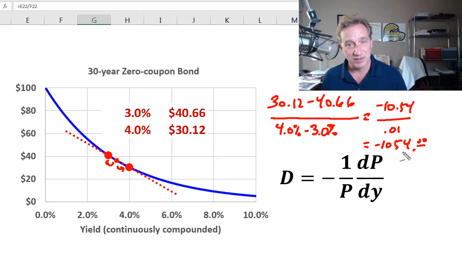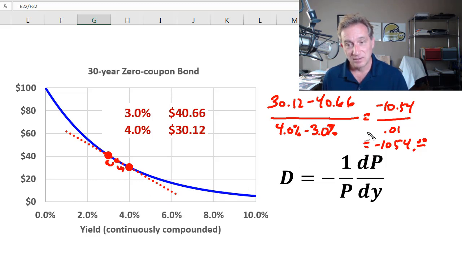It has a large number here because it's the change in price that would be associated with a 1 unit change in my yield. Well, what's 1 unit? 1 unit is 100%. It's actually much bigger than this whole scale. So as a linear approximation, that's saying if the yield increases by 100%, this line is estimating a drop of $1,000 on the price. So mathematically correct for the line, but the units don't make any sense at all.